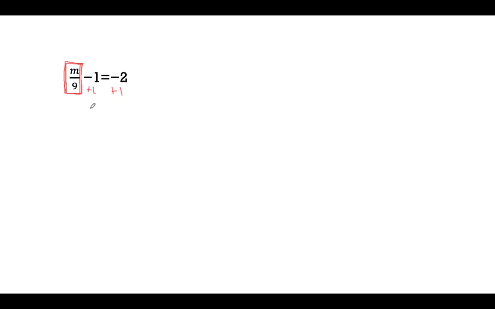So we're going to add 1 to both sides. So you got m over 9 equals negative 2 plus 1, which is negative 1. Now we got to get rid of divide by 9. Well, the opposite of dividing by 9 is multiplying by 9. So we have to multiply both sides by 9. So m equals negative 9.